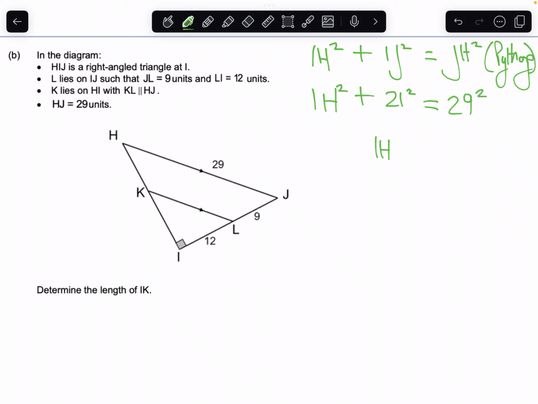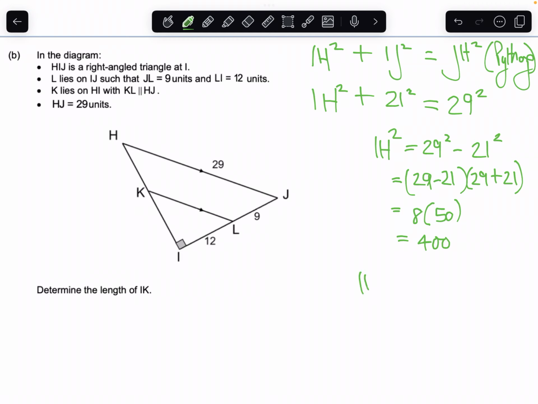So IH squared is equal to, again, something you could just do on your calculator, but here I am suffering. So that is 8 times 50, which is 400. So then IH will be the square root of that, and of course only the positive square root, because we're talking about lengths, so we don't have to consider the negative square root. So IH is 20 units long.